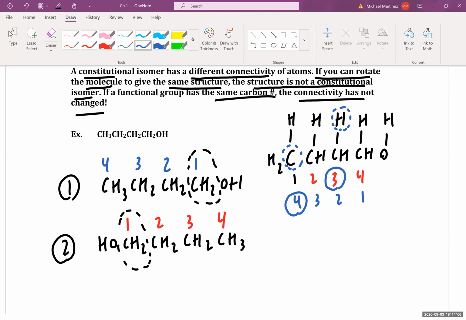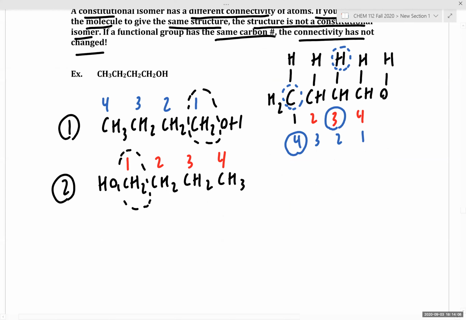If we swap these two functionalities, we get CH2, now attached to a hydrogen, CH, CH3, CH2, OH.